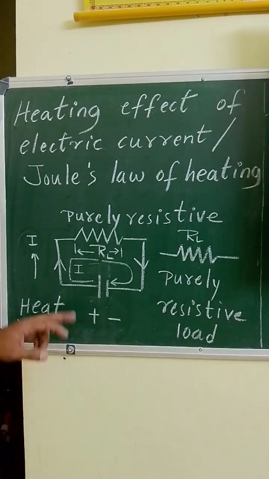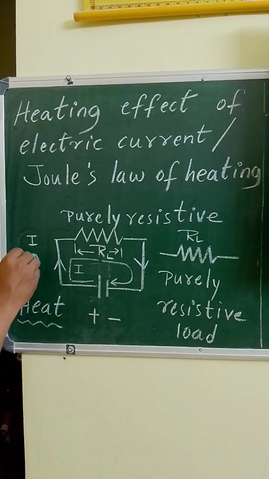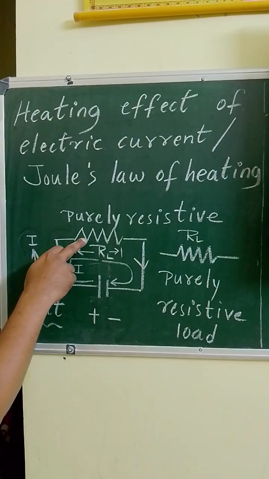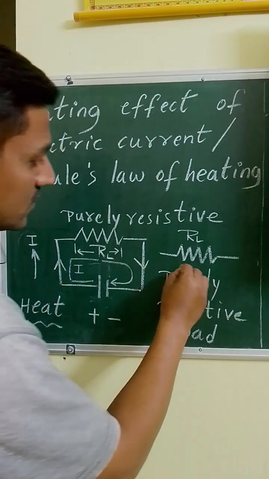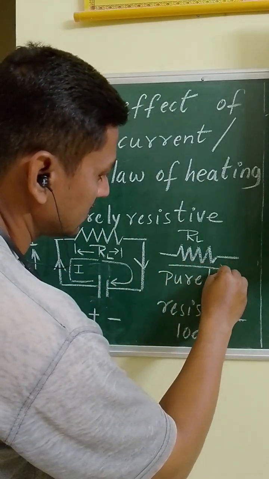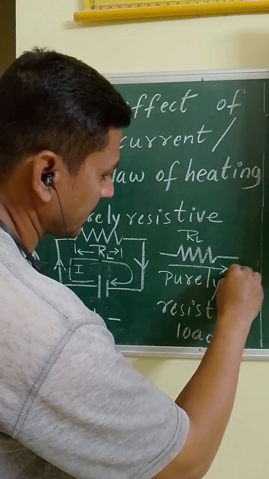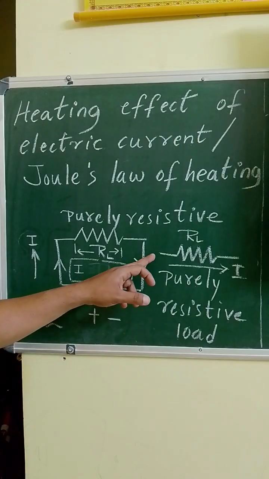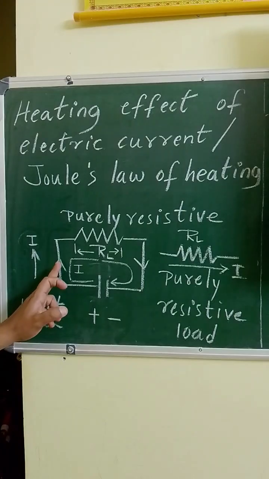Current I flows through the purely resistive load in an electric circuit.